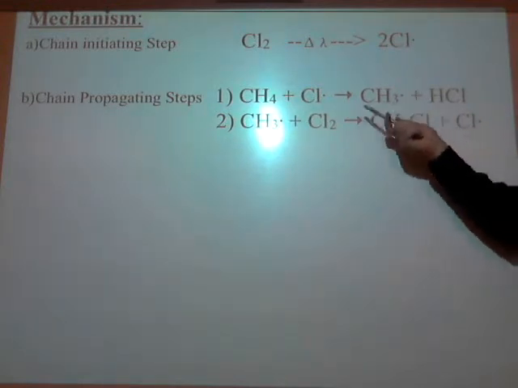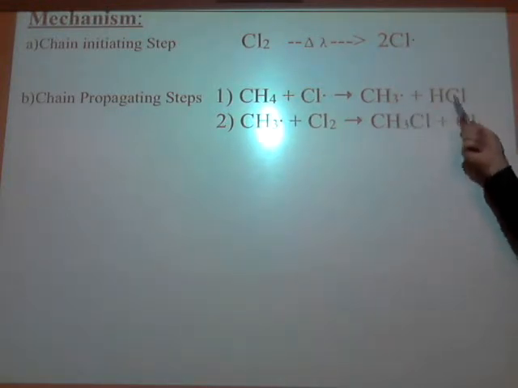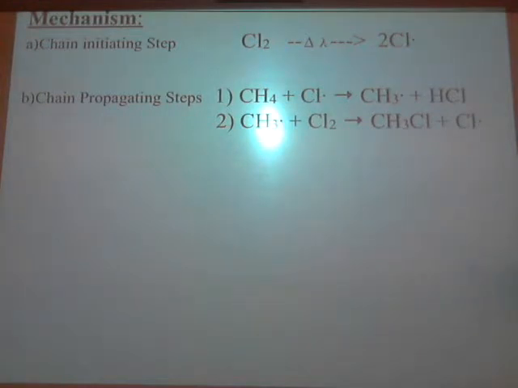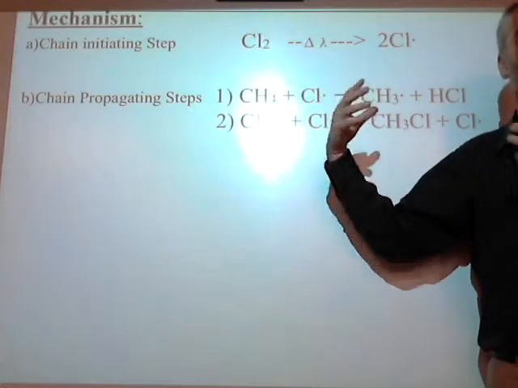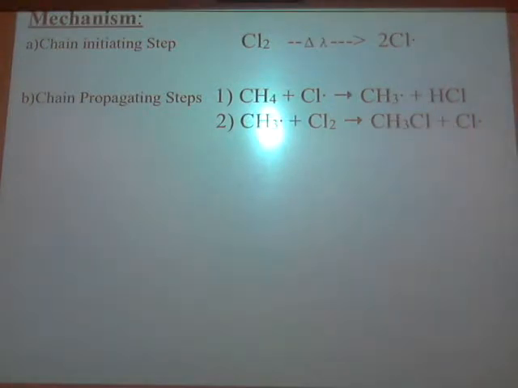No, because as I use these guys up and start making more and more product, there's less and less of the methane for it to bang into and less of the chlorine for it to bang into, right? What could it bang into that would stop this process? What could, as more and more of these free radicals are formed and less of the reactants are around to bang into, what could they bang into that would end the chain?